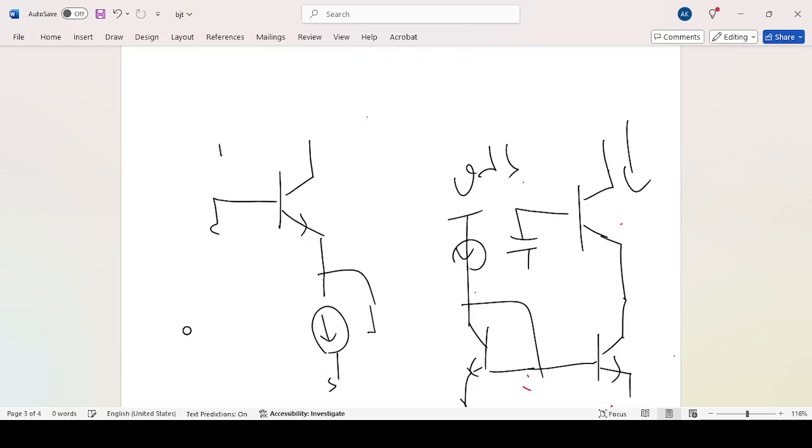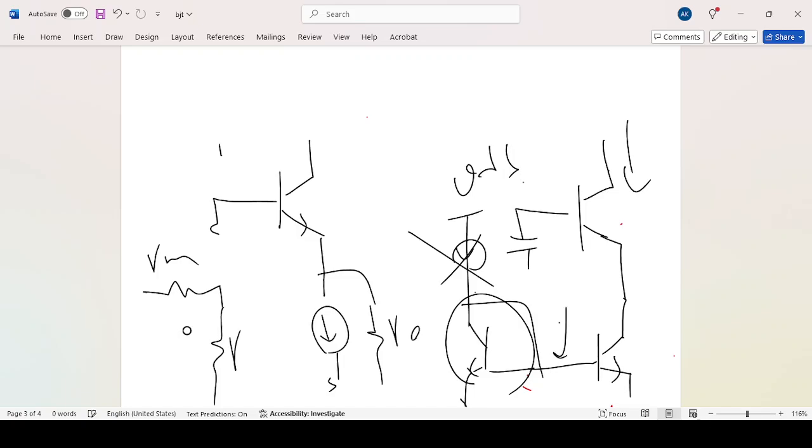The current source RO, and this one, we do not have this, so we have Rm of this one. It is connected here to R pi.